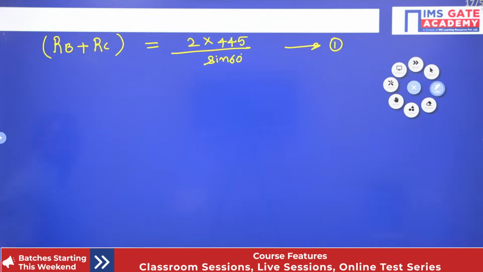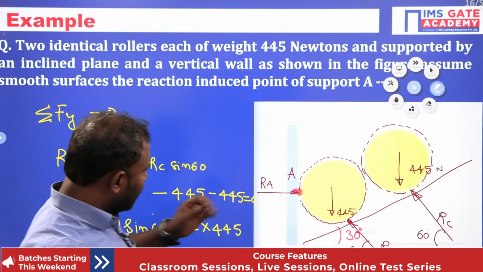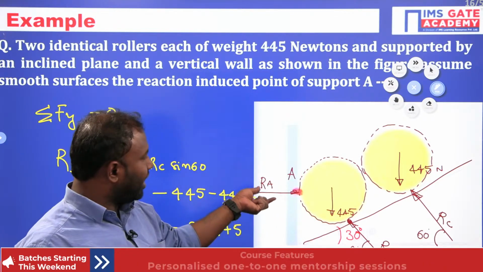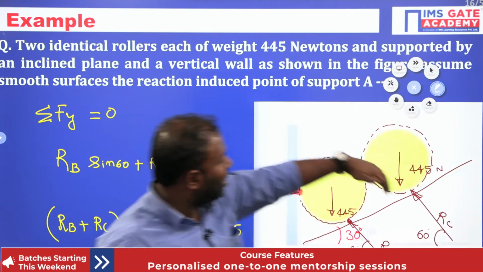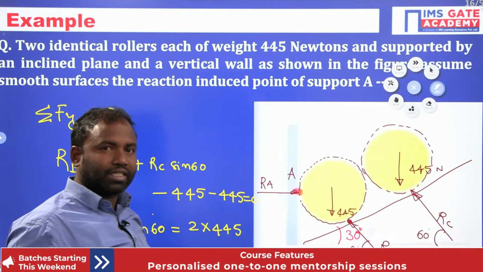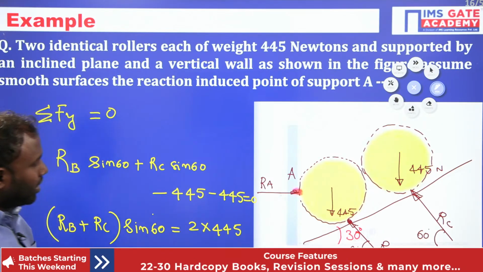Similarly, you apply sigma Fx equal to 0. Right. Sigma Fx equal to 0. What are the forward forces? RA forward. Now RB cos 60, RC cos 60 on this side. Okay.